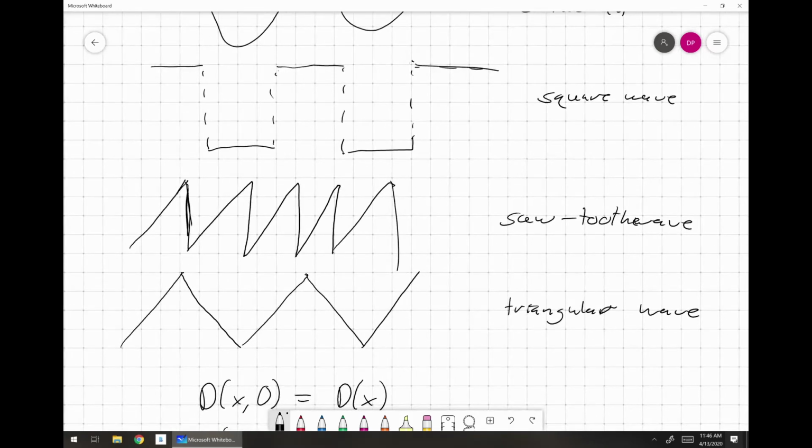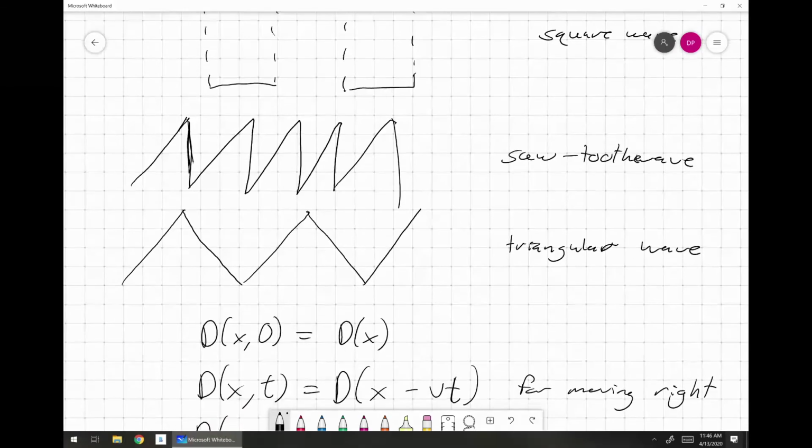We have this sawtooth wave where it's a gradual rise in something and then drops off. Again, gradual rise, drops off, and so on. So it looks like the teeth of a saw. And then you have a triangular wave, which would be a nice linear rise in value, followed by a linear drop off at the same rate, and then back and forth.